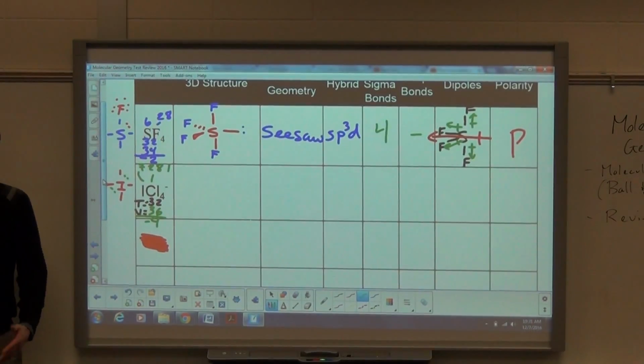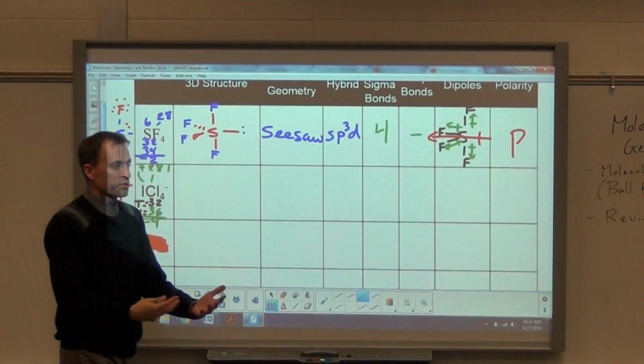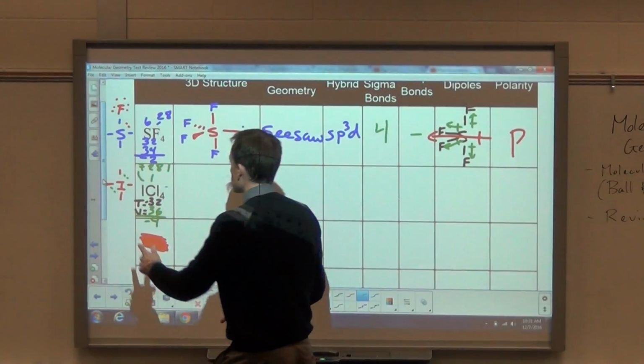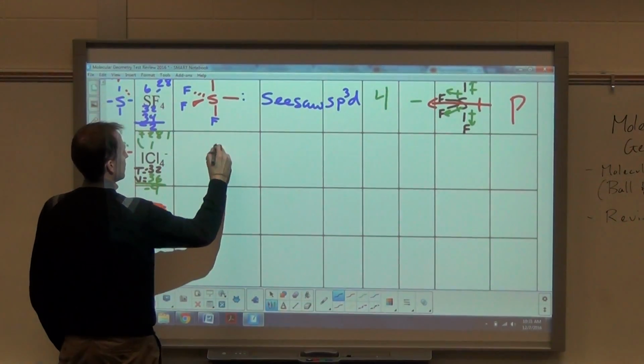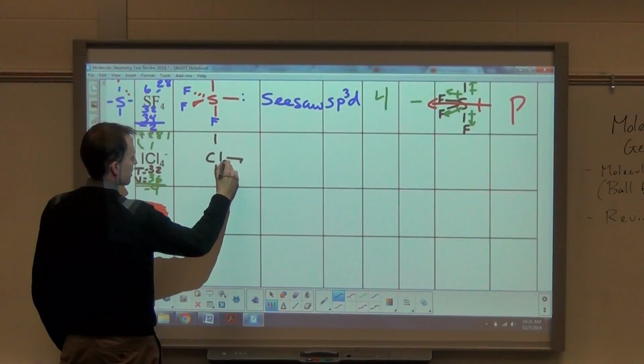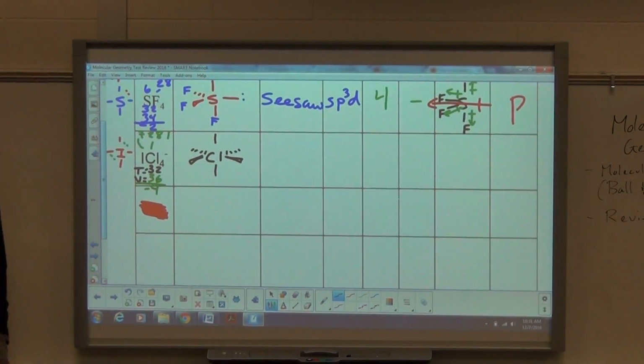So how many clouds is that? Oh, 4 bonds, 2 lone pairs, that's 6. Oh, what's 6? Oh yeah, that's the complicated ones. 5 is a stick with a triangle, 6 is a stick with a square. So I just have to draw my center atom, and I make the stick, and then I make my square.